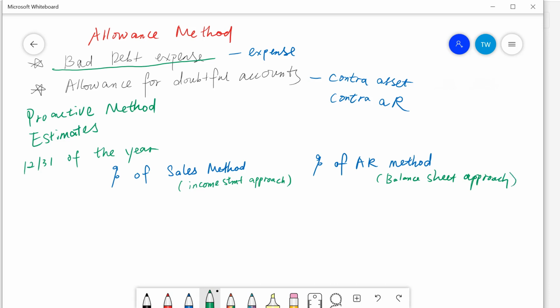The calculations are very simple. The percentages are based on past experiences, so companies usually choose one or the other.